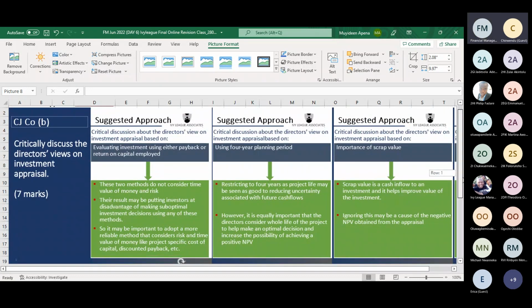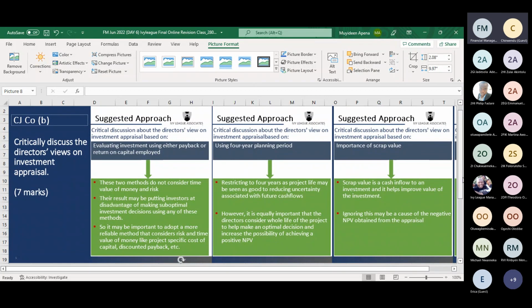Do you think that's a good one? Yes, if you say we should use a 4-year project life, it may be a good one. Because if the project life is elongated, uncertainty tends to increase, because the cash flow you are going to project into the elongated period may not be realistic, may not be certain.